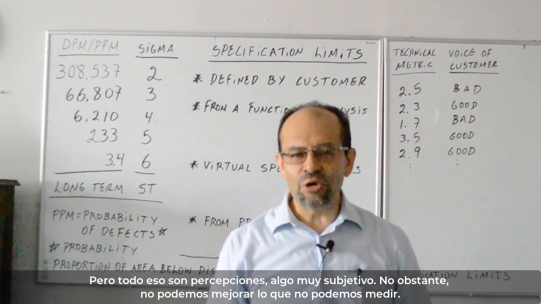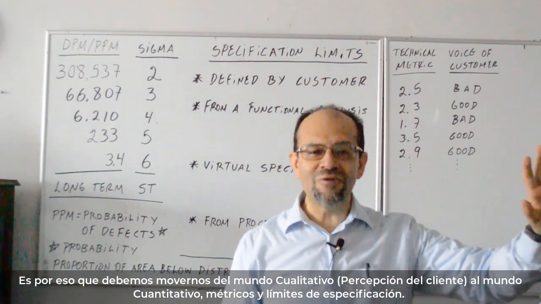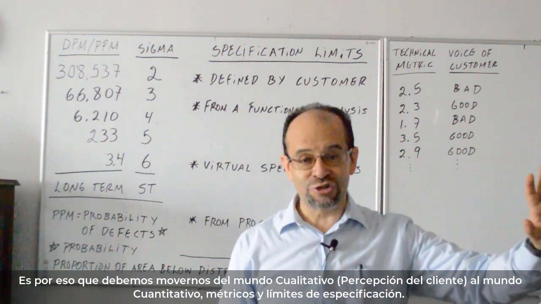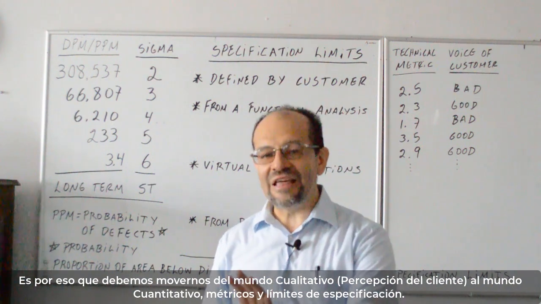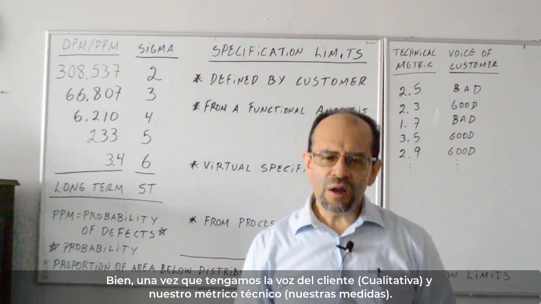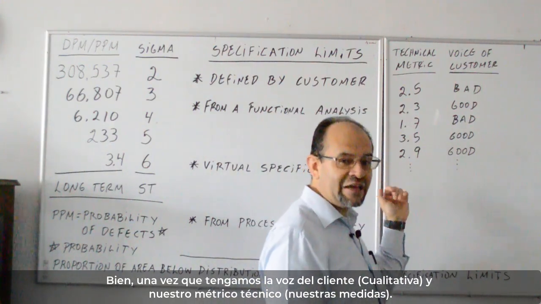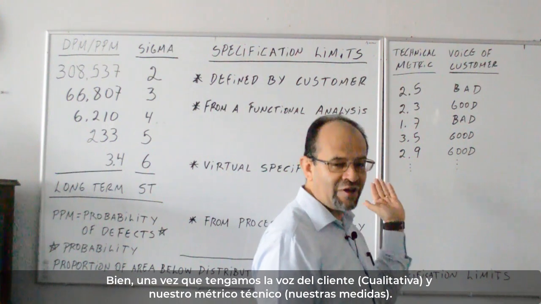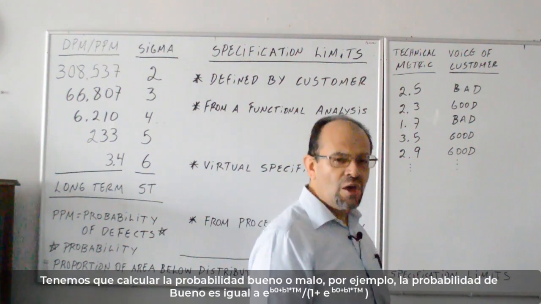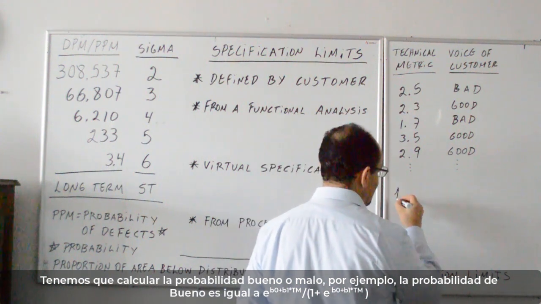Of course, we cannot improve what we can't measure. So we have to move from the qualitative world, the quality perceptions of the customer, into a quantitative world of metrics and specification limits. Once we have the voice of the customer, qualitative, and our technical metric, our measurements, we have to calculate the probability of good or the probability of bad.